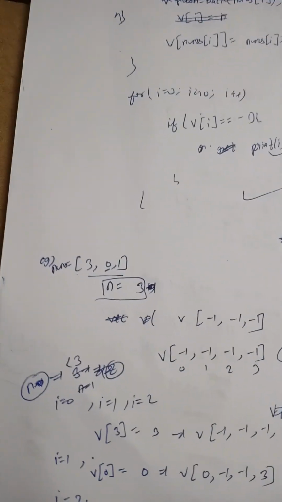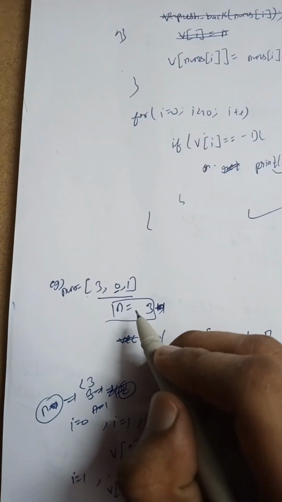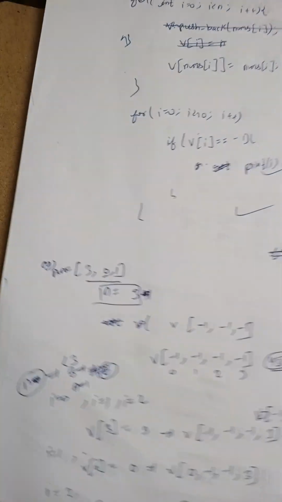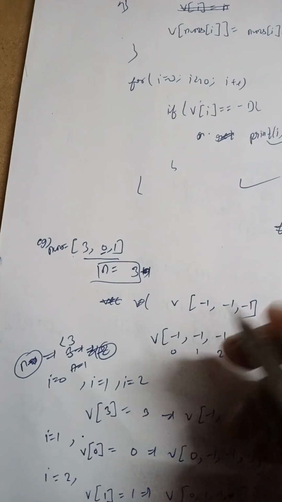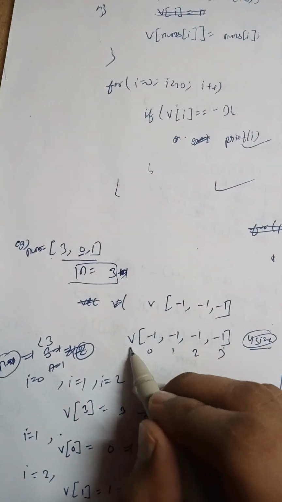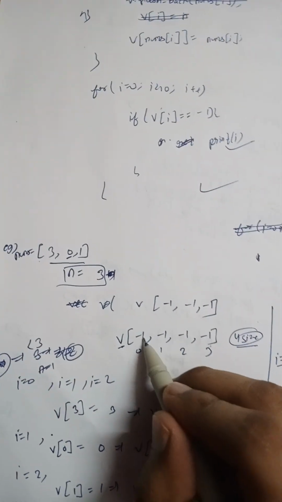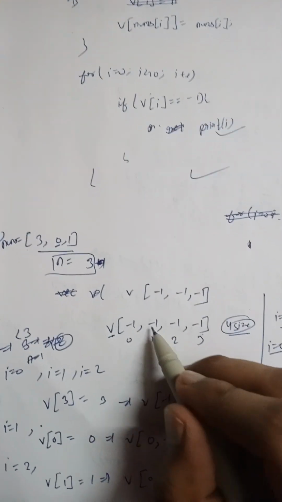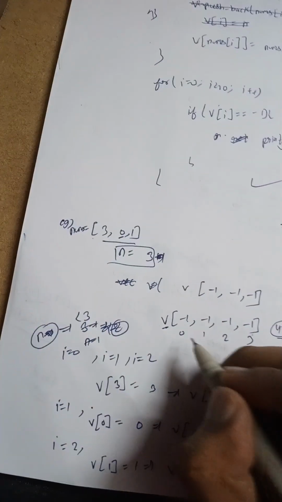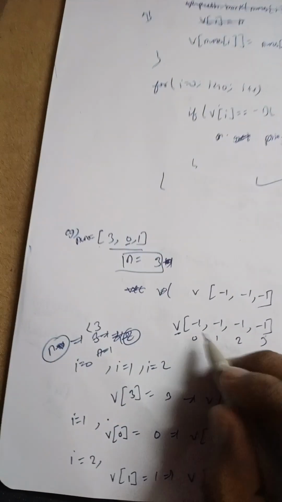Let's take an example. nums is [3, 0, 1], its size n is 3. Let's create another vector of size 4 and put minus 1 in all the places: minus 1, minus 1, minus 1, minus 1, at indexes 0 1 2 3.